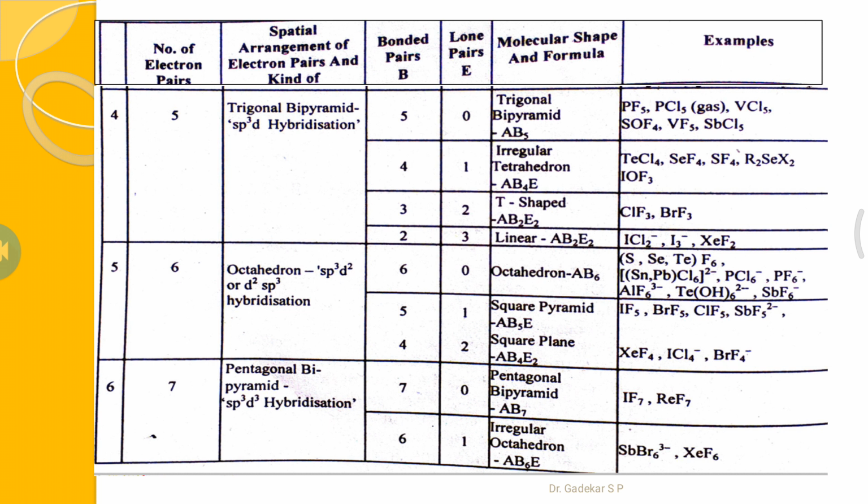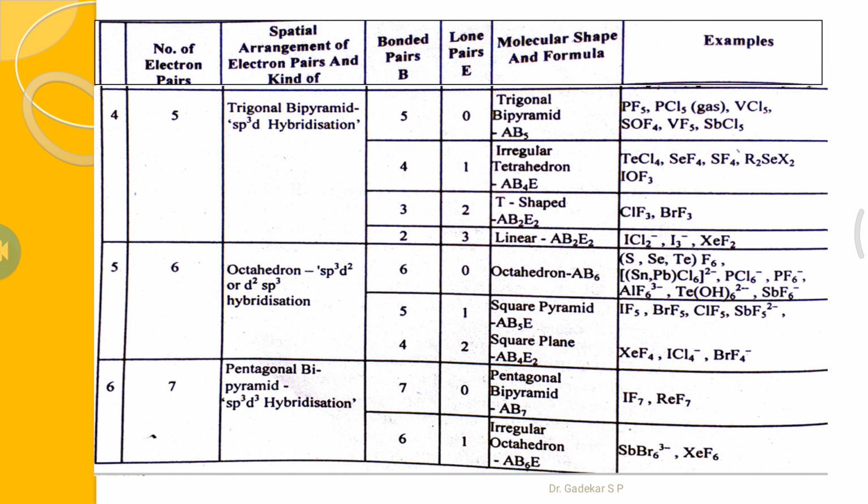First, 5 bond pairs and 0 lone pairs. Second situation, 4 bond pairs and 1 lone pair. Third situation, 3 bond pairs and 2 lone pairs. And fourth situation is 2 bond pairs and 3 lone pairs.